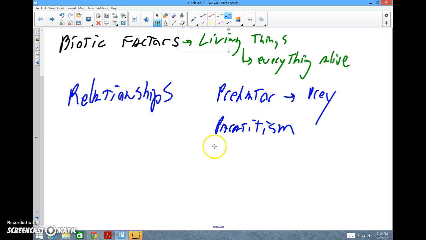We also have something called mutualism. Mutualism is when two organisms live and work together and they both benefit the other. A classic example is the remora, which is a fish that clings to the underside of a shark with this weird suction cup mouth thing.